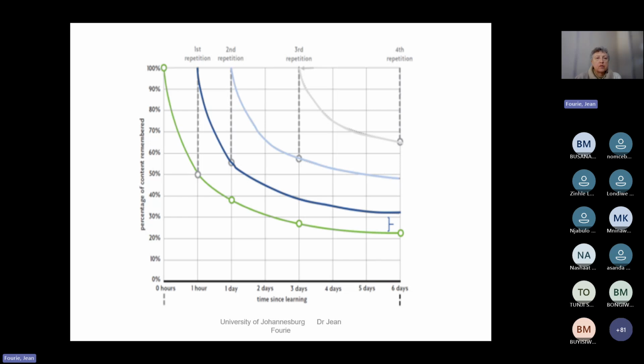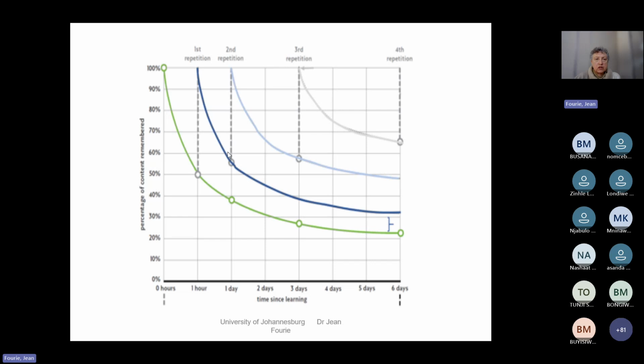So quite soon after the information had been presented at time 0, within an hour or so after that information was looked at the first time, the student was asked to do a first repetition, to look at it again, to read it again. So that's the first repetition.